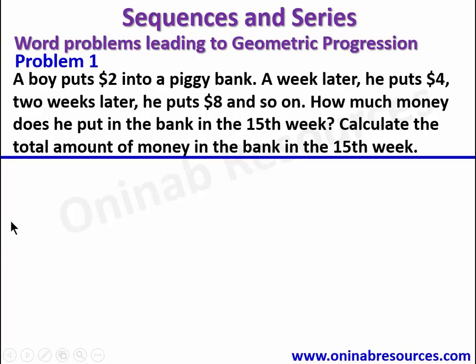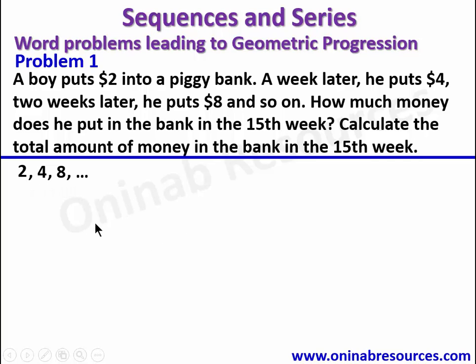So in our solution, he put $2 the first week. That will represent the first term, and the second week he put $4. The third week he put $8, and so on.